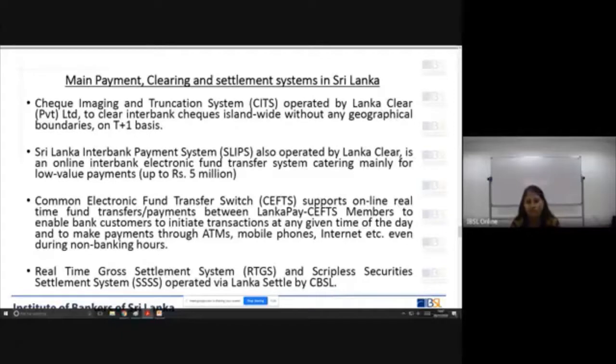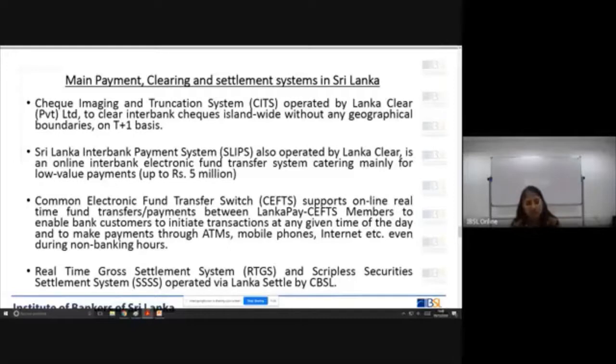Then you have SLIPS, the Sri Lanka Interbank Payment System, that is also operated by Lanka Clear. It is an online interbank fund transfer system, but the limit is up to 5 million. Remember, this is not a real-time platform.